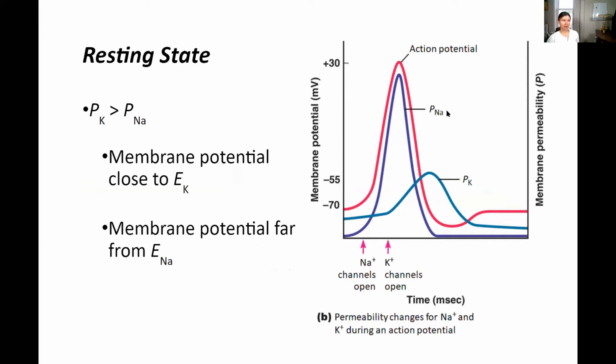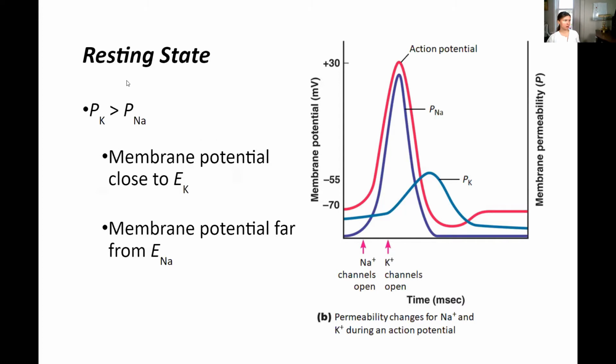So remember, a membrane that's more permeable to something, that means it has more channels open for it, and that also has the effect of bringing us closer to the equilibrium potential for that ion. But as we're graphing here, the permeability to sodium and the permeability to potassium, we want to remember that's really just telling us about whether those voltage-gated channels are open or closed.